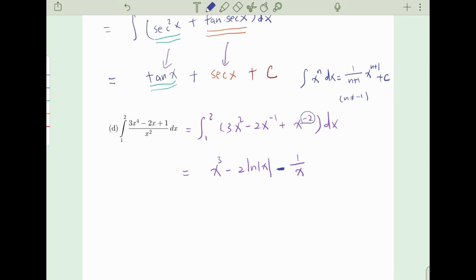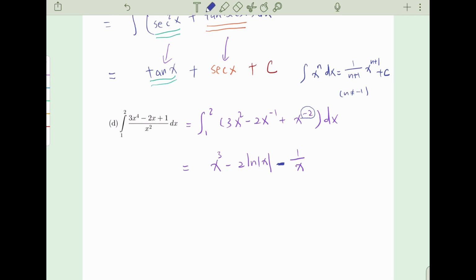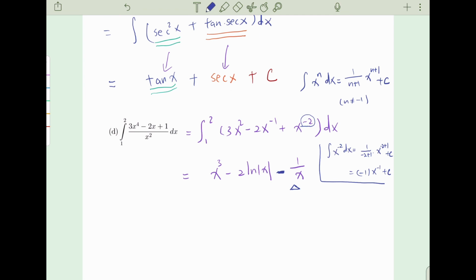Writing that in more detail, the integral of x to the negative 2 dx is x to the negative 2 plus 1 over negative 2 plus 1, plus c. That is negative 1 times x to the negative 1 plus c, which is exactly this thing. Hope that clarifies. And we also need this c here.